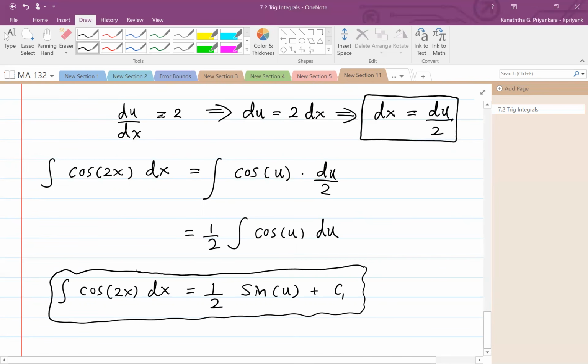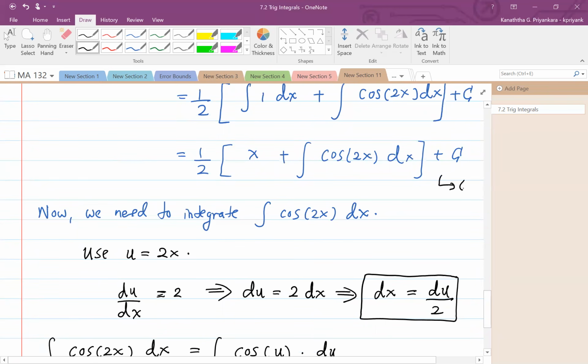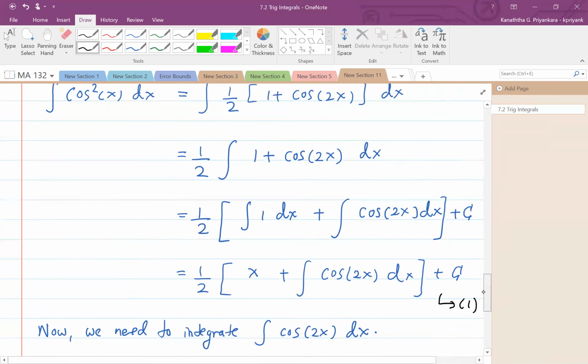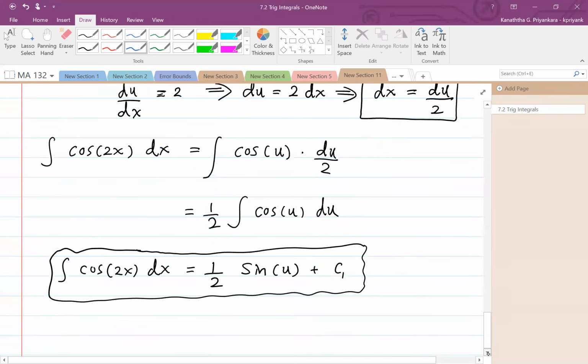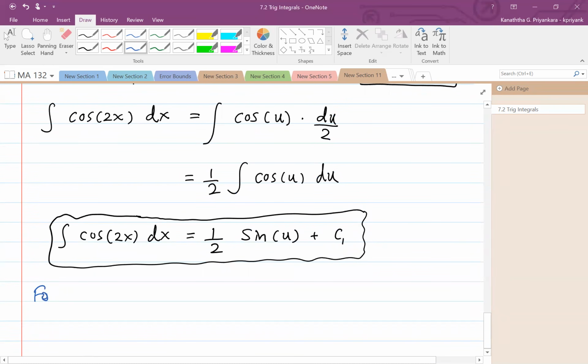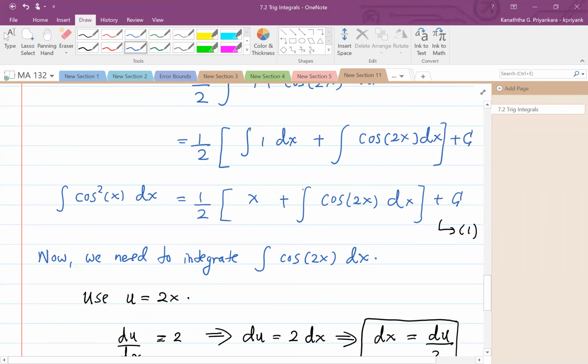Now I can substitute this into equation 1. So let's take this as 1. So this is our integral of cosine squared x dx. Then from 1 we can write the integral of cosine squared x dx as 1/2 times x plus this integral.